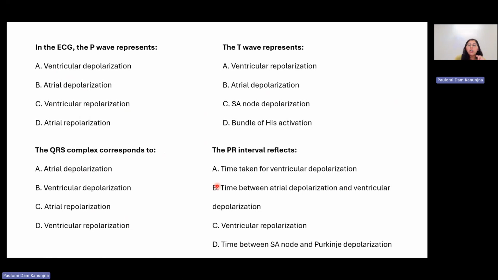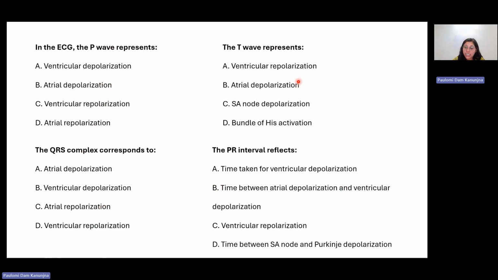Okay, now this is about your ECG. There are 4 questions on this slide. I will read out the question, wait for a little while, and let you imagine each of these different waves in your ECG and then try to correlate what that wave represents. Okay, so first one is the P wave. What does that represent? QRS complex, what does that refer to? T wave, what does that refer to?